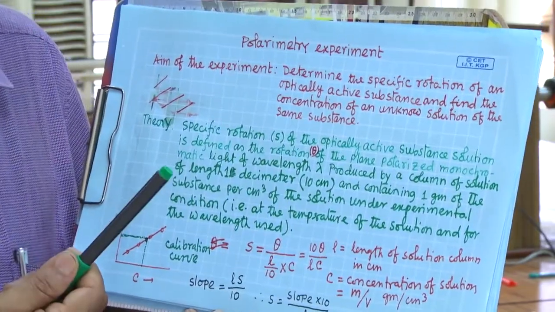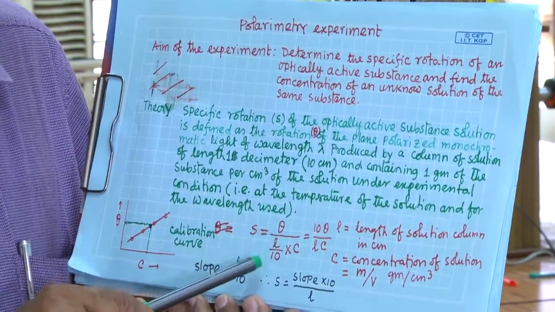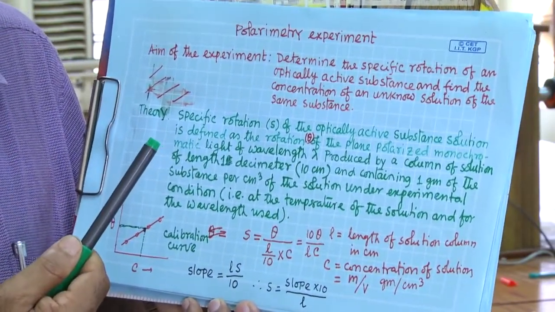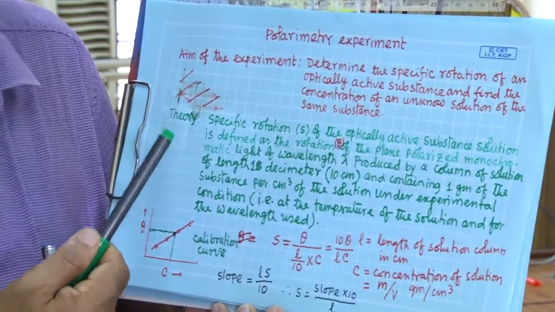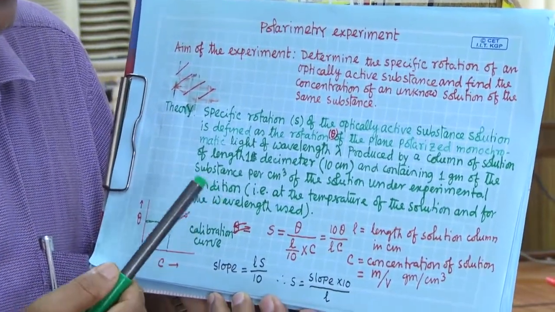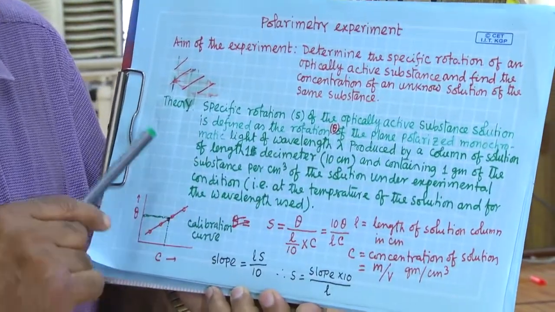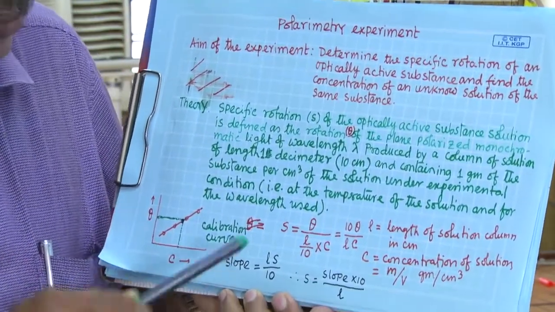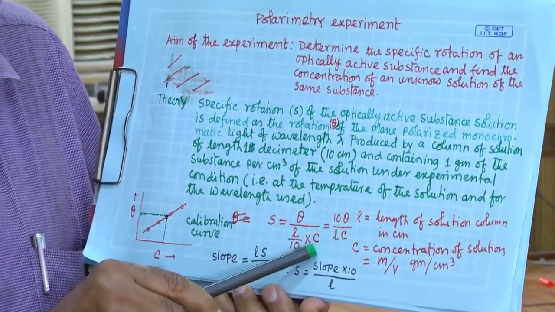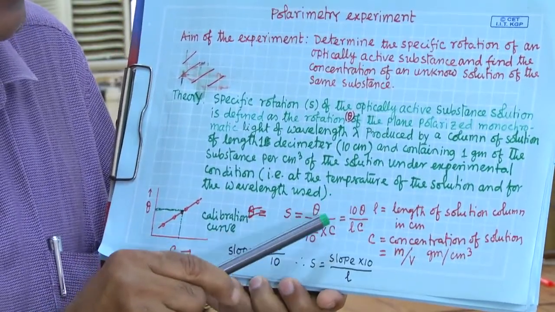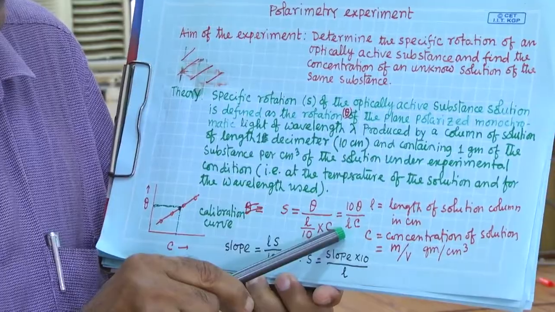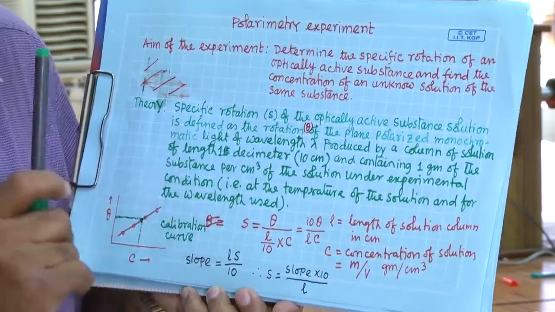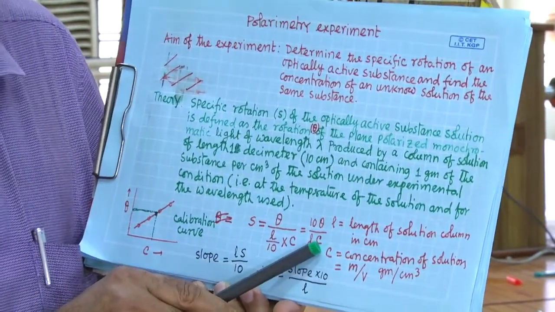So, theta divided by L divided by 10, and then per unit concentration, means 1 gram of the substance per cm cube, that is nothing but the concentration. So, divide by concentration C. Okay. So, S equal to 10 theta by L C. L is the length of the solution column in centimeter and C is the concentration of the solution.